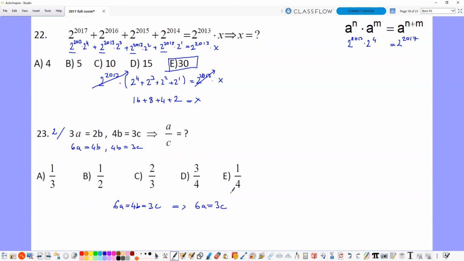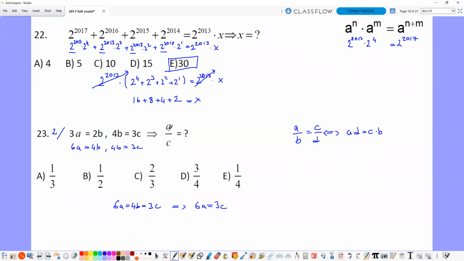Here, if you remember the cross product rule, a over b is equal to c over d if and only if a times d is equal to c times b. We also call it the cross product. Here, if we do the same operation, why do that?